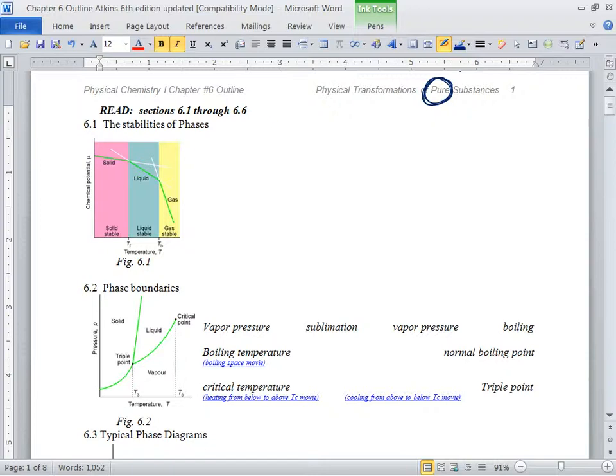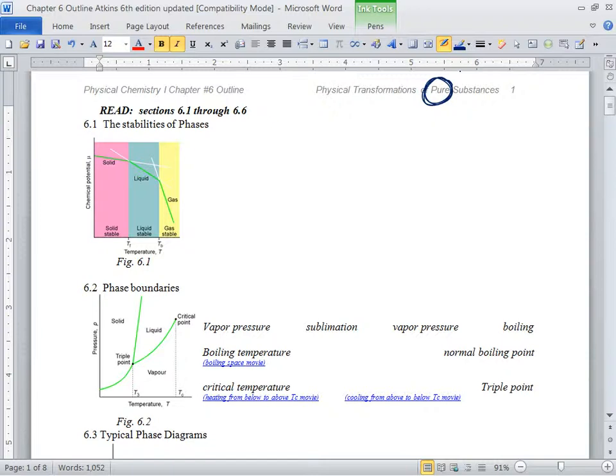So what you're doing is just trying to boil stuff and distill it, and you end up finding a eutectic mixture, and it's mixtures. This is pure substances. So all we're talking about is pick ethyl acetate, and we're talking about pure ethyl acetate. Pick water, we're talking about pure water. So physical transformations of pure substances. So that's the first point I want to get across.